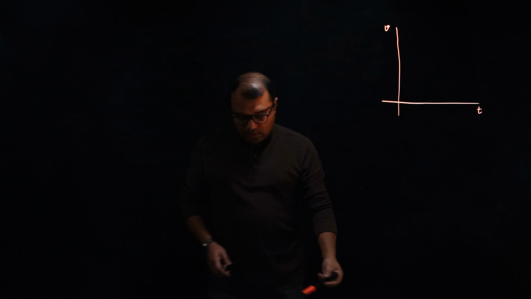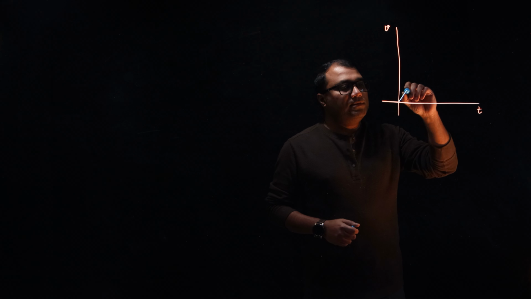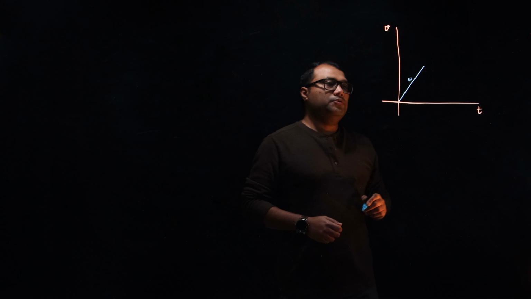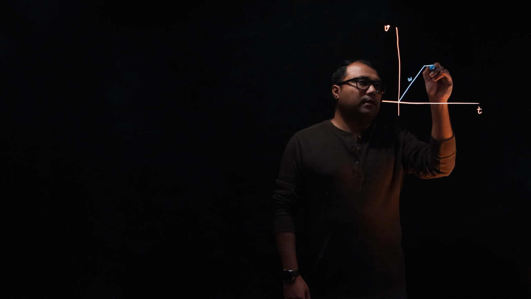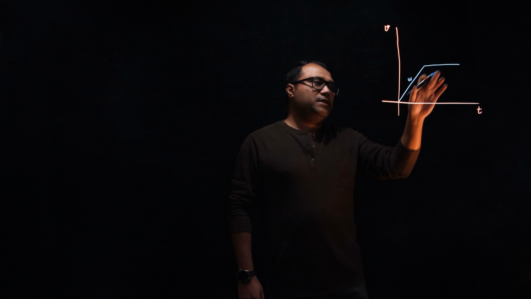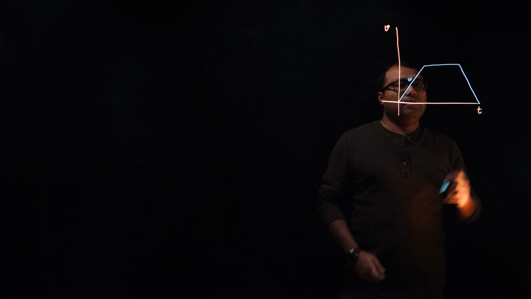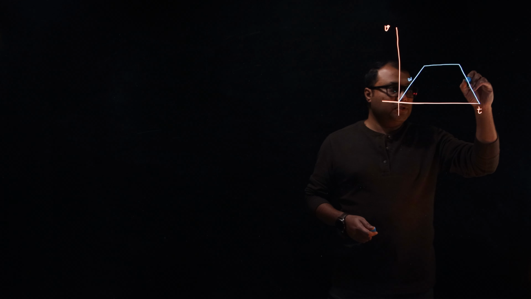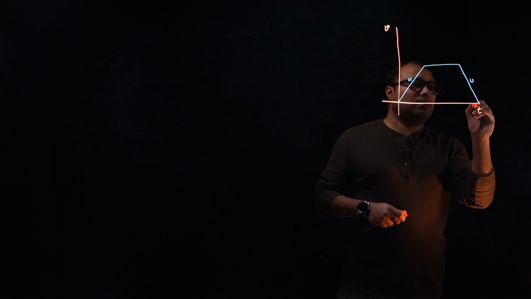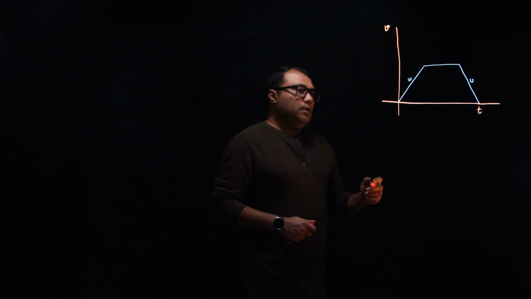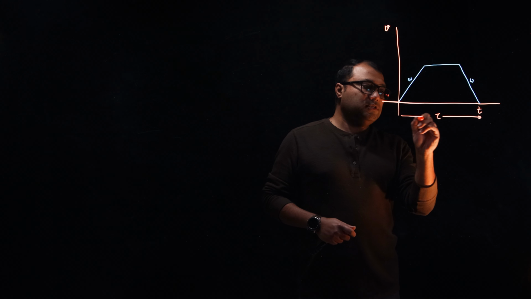What the problem says is this body accelerates with the acceleration w, so the slope of this line is w for some period, and then there is a uniform motion, so it's a straight line parallel to the time axis, and then it decelerates with the same deceleration w. And it is said that the total time of this journey is tau.